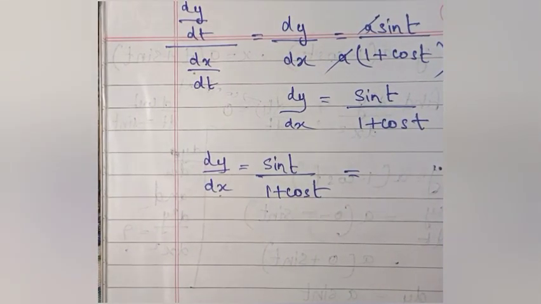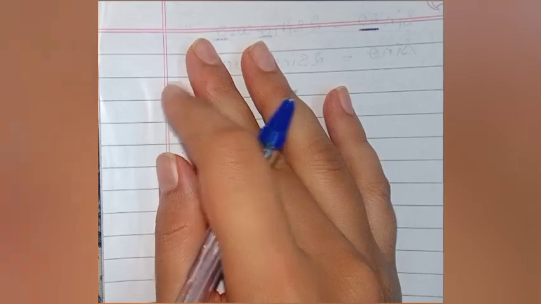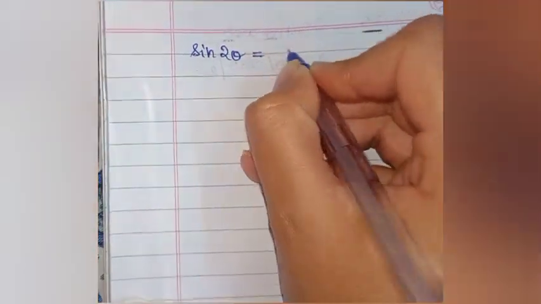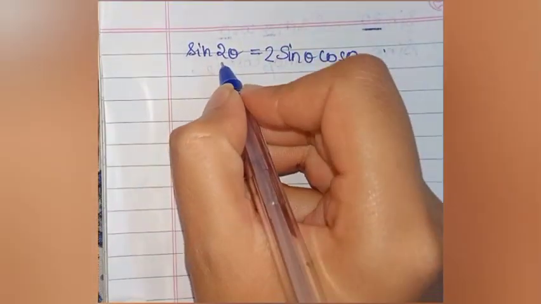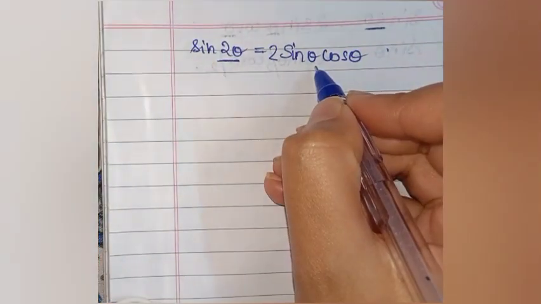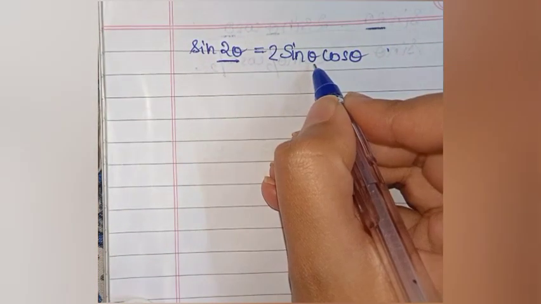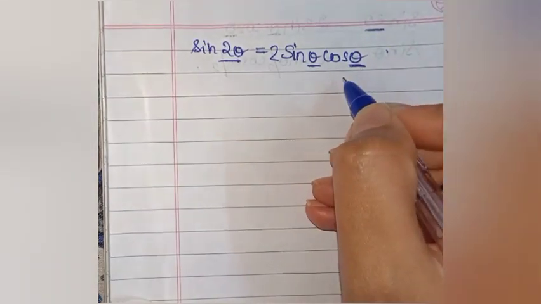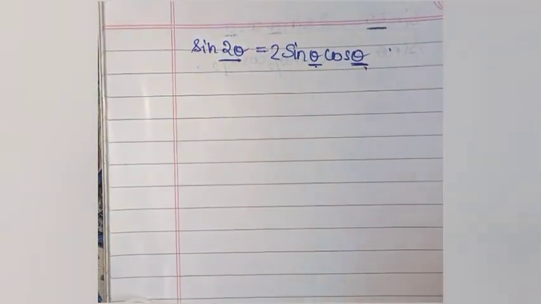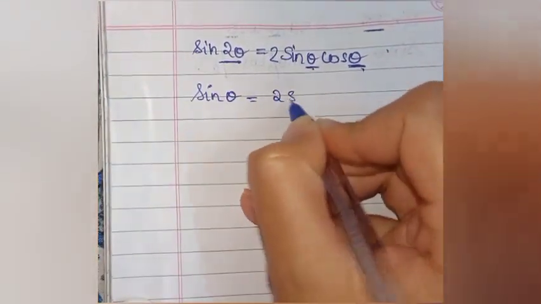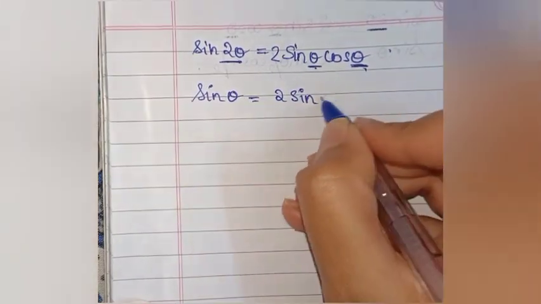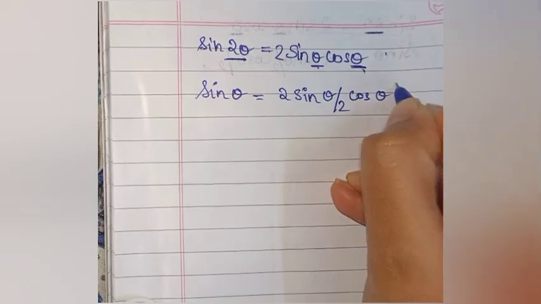In order to simplify it, we have to apply some formulas. First of all, we can look at that formula. We already know that sin 2 theta is equal to 2 sin theta cos theta. Here, when it is 2 theta on the left, we get half of 2 theta, that is theta, on the right. So for sin theta, we get 2 sin theta by 2 into cos theta by 2.